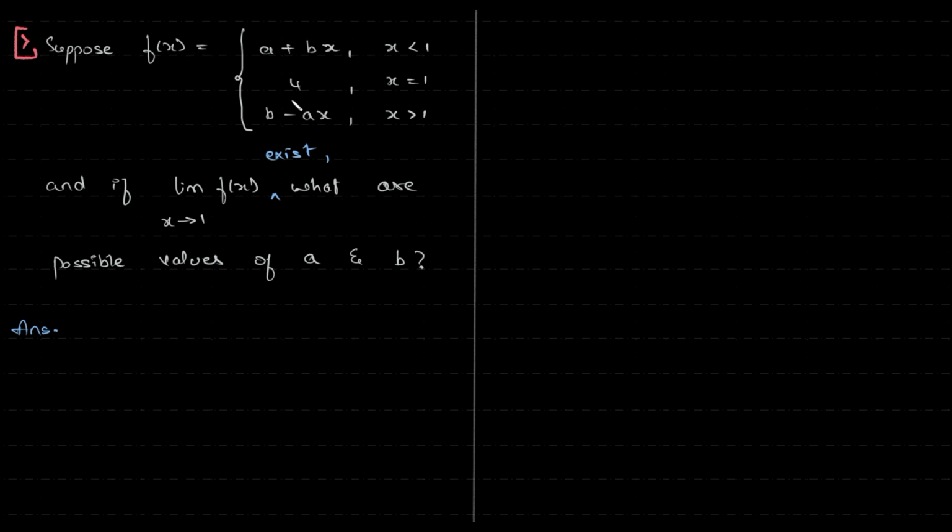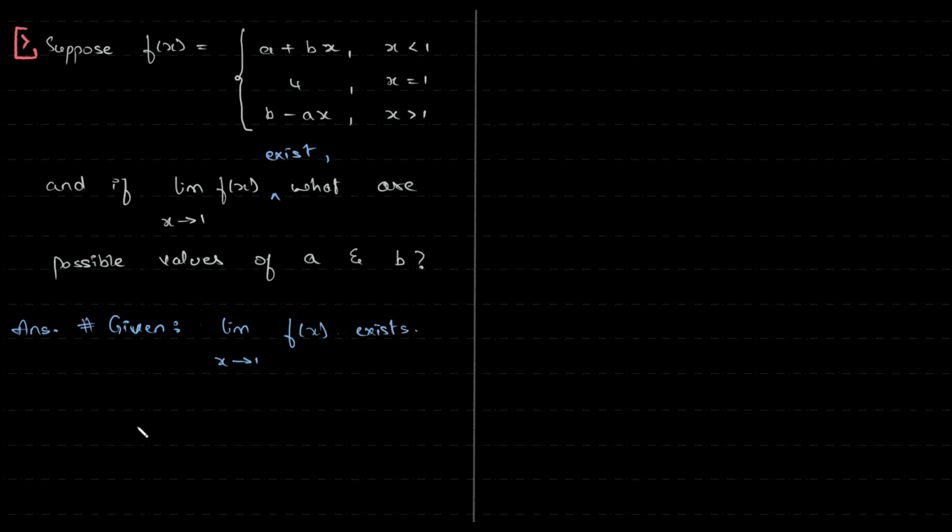So it is continuous at 1. So basically we have been given that the limit of the function, or I can just write this only, limit x tends to 1 f of x exists.